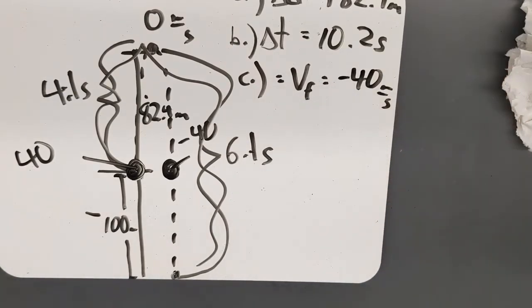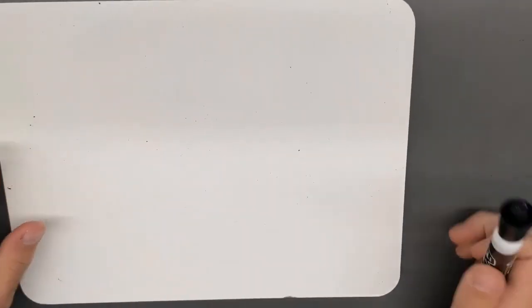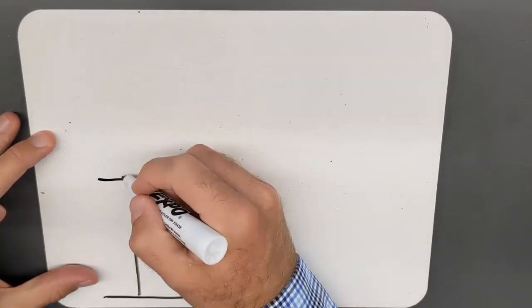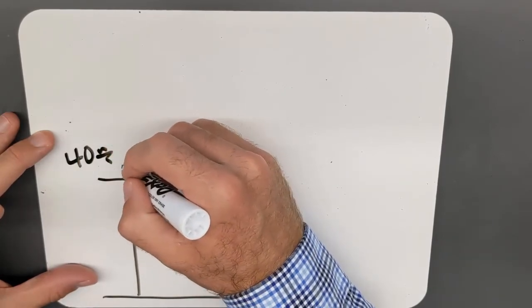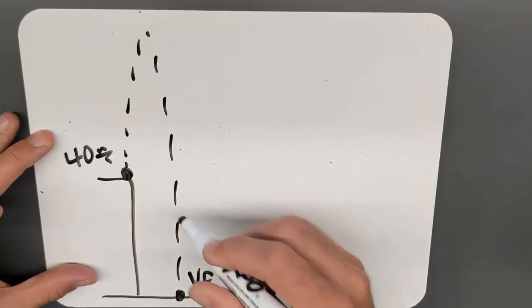Okay, let me get another board because we have to do equations here. Now we just want to know, we got 40 here, meters per second. The ball goes all the way up, goes all the way down. I need to find V final here.